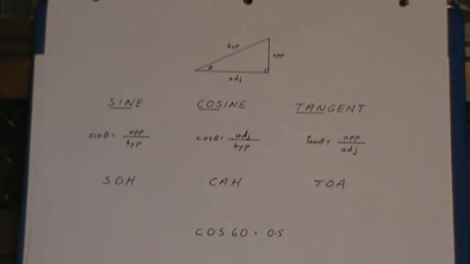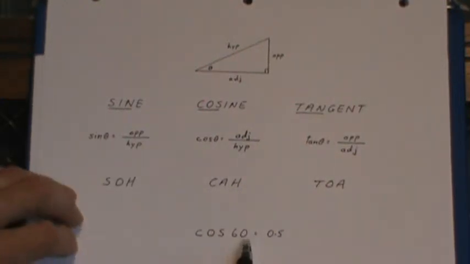Some calculators work in reverse. You have to put the 60 first and then hit the cos, and the 0.5 will come up. But play around with your calculator, see how it works. I prefer using a calculator where when you hit cos and 60, you can see it in the display and you know you've done it correctly, and then you hit enter and get the 0.5. I think it's much easier if your calculator does it in the order that you write it here.